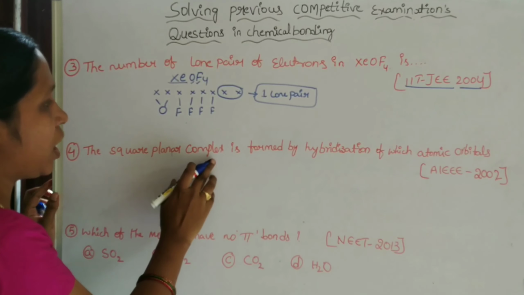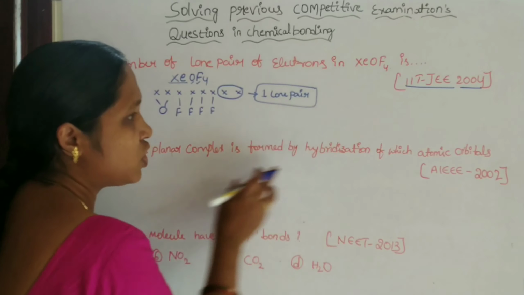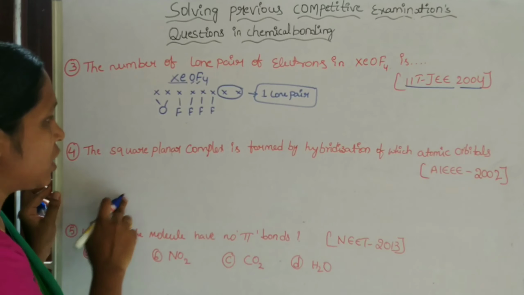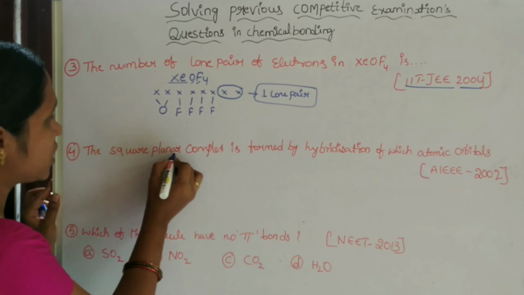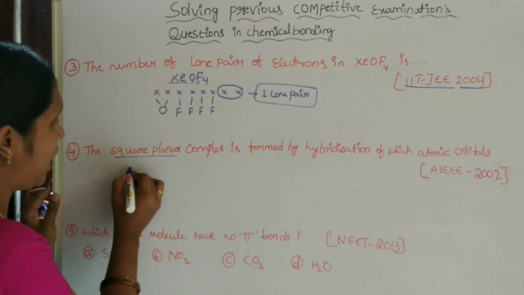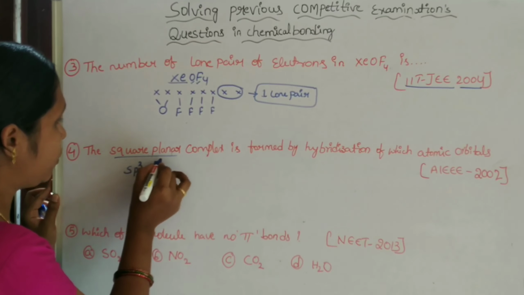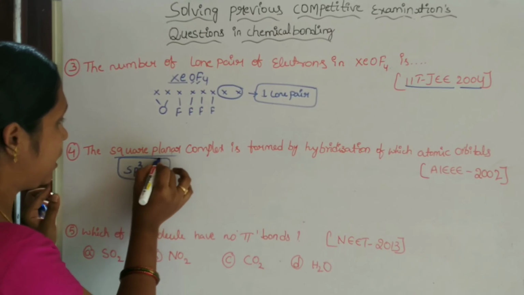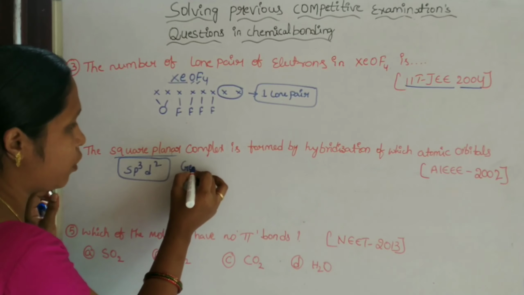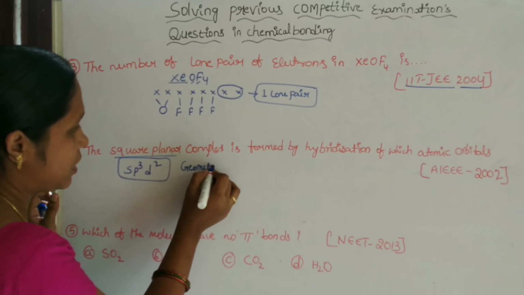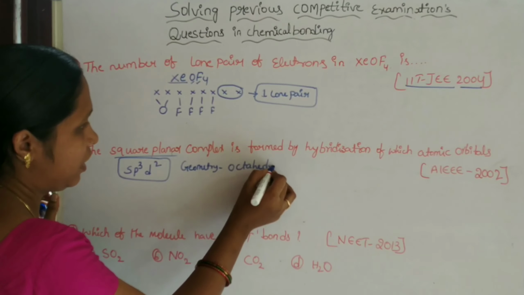The square planar complex is formed by hybridization of which atomic orbitals? Square planar. Here see, the square planar has sp3d2 hybridization. sp3d2 hybridization. The geometry of the molecule is octahedral.